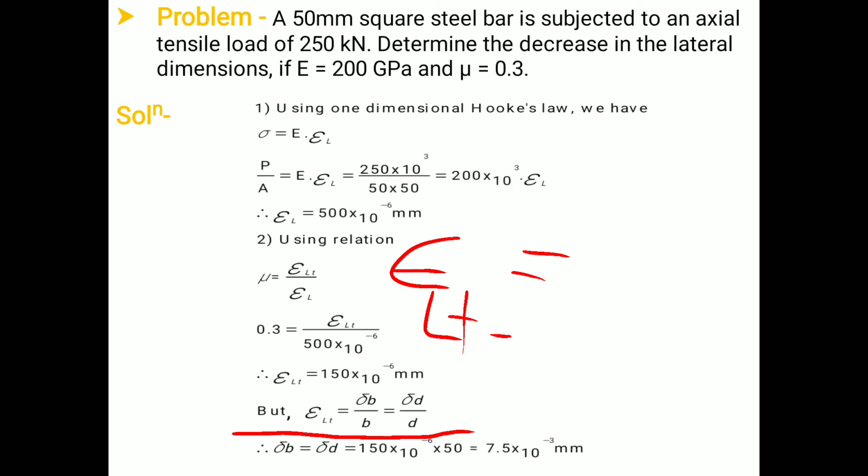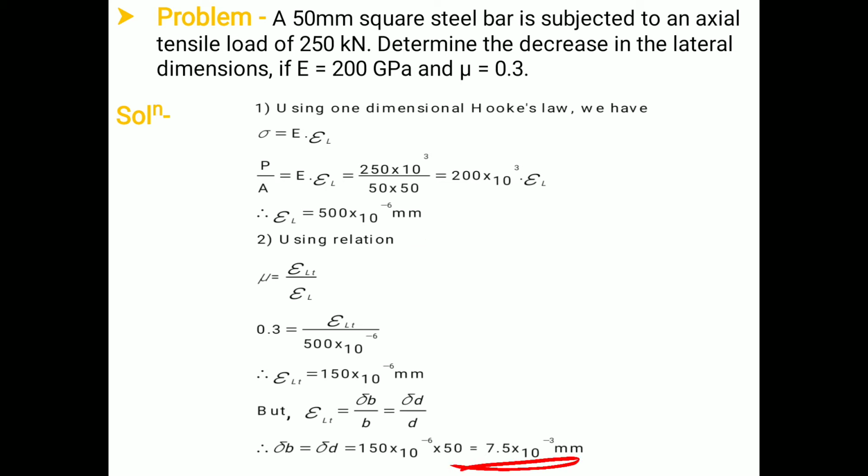But as it is a square bar, its width and its thickness both are the same. Therefore, change in width and change in depth both are the same. Therefore, we have the change in its width and change in depth equal to 7.5 into 10 raised to minus 3 mm. This is the value of change in its width and change in its depth by using the given numerical data.